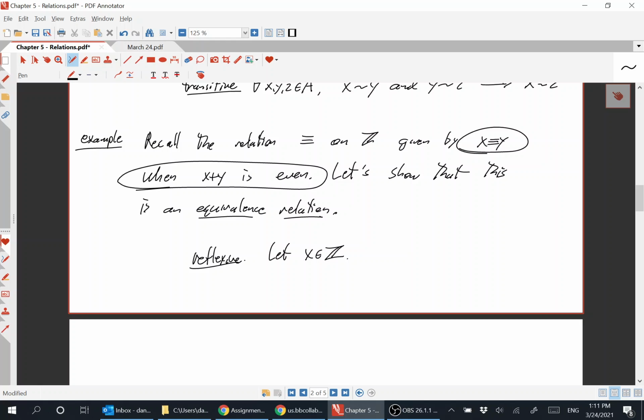So what would it mean for x to be related to x?